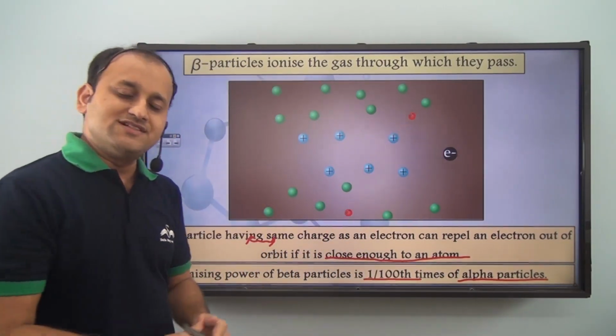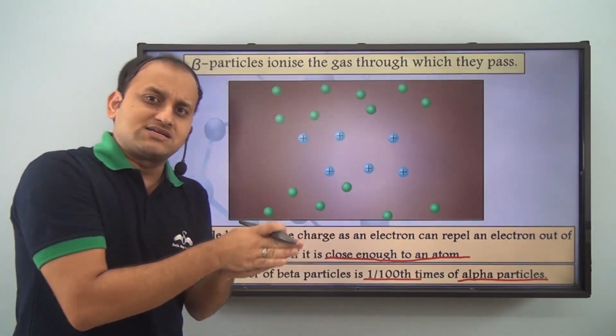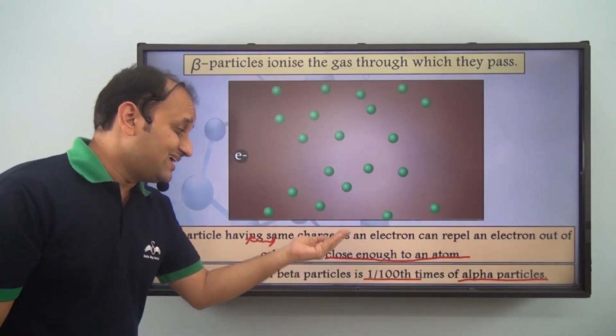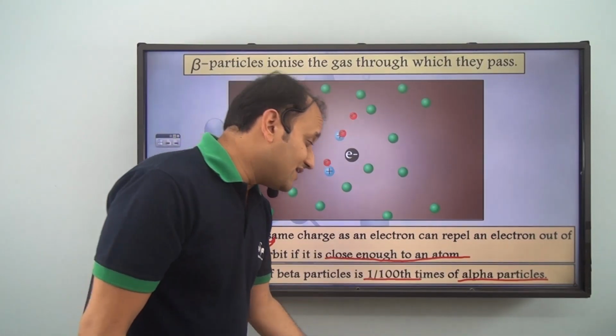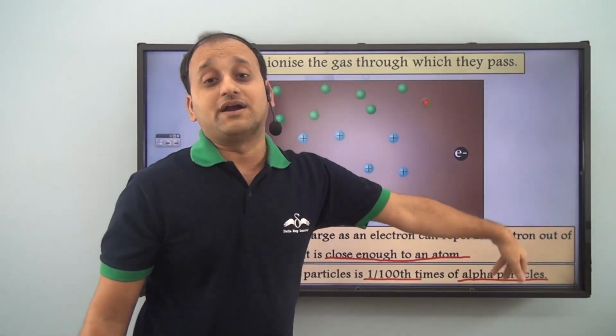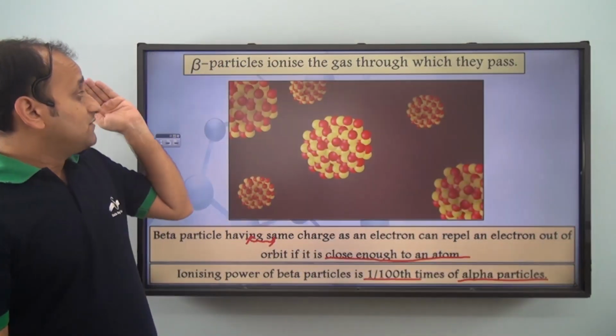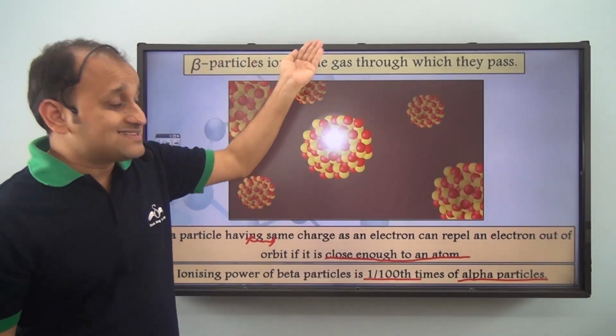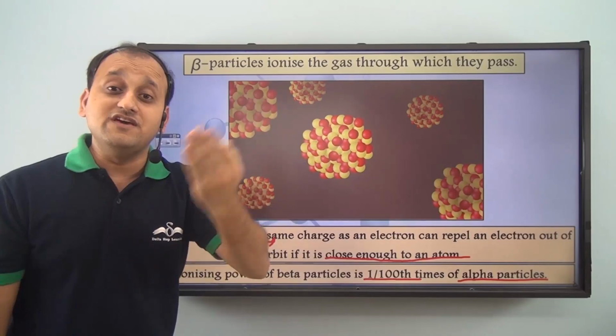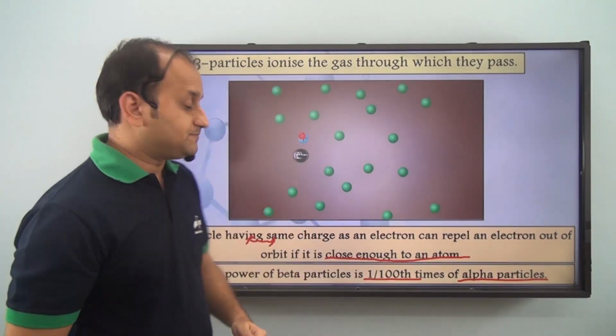As they can influence only those atoms which are very close to them, their ionization power can be said to be 100th that of alpha particles. So even beta particles ionize the gas through which they pass, but their ionization power is weaker than alpha particles.